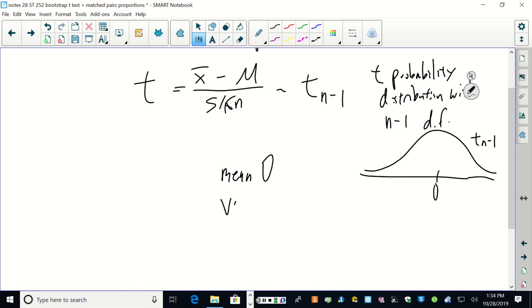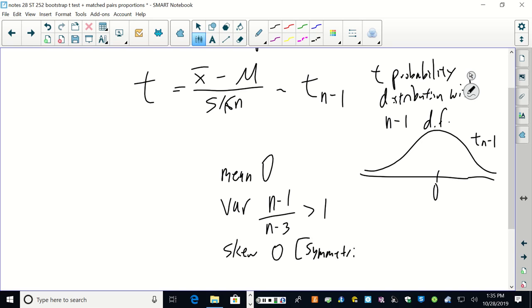The variance of this particular t distribution: now for a standard normal, if we could divide by sigma, if we knew that, it would have variance 1. But a t distribution actually has variance n minus 1 over n minus 3, which is bigger than 1 because the numerator is bigger than the denominator. It has skewness of 0. It's symmetric. So there's a few things there.